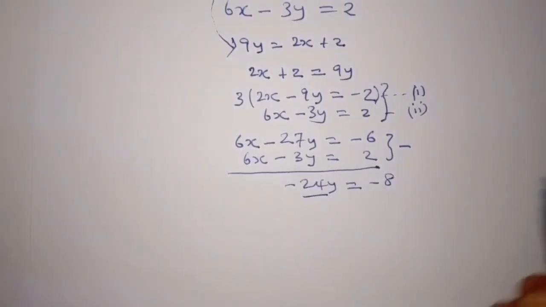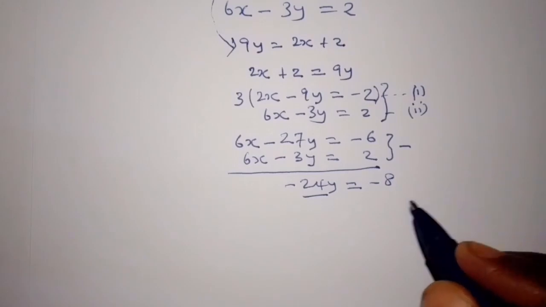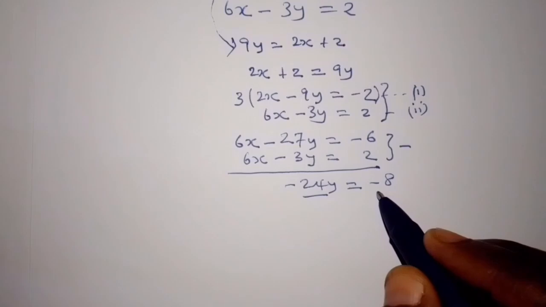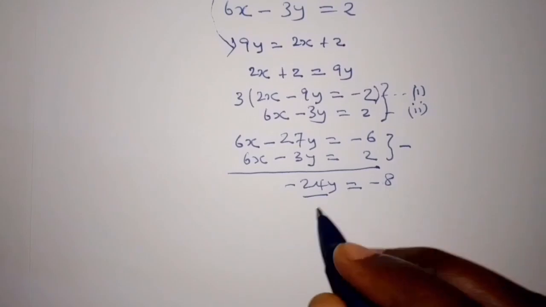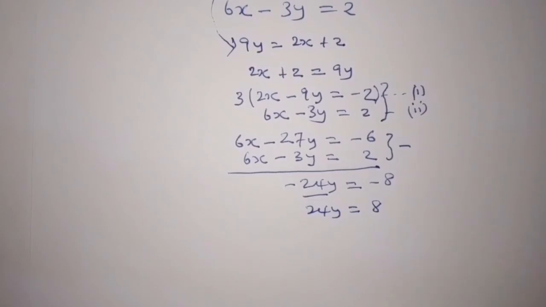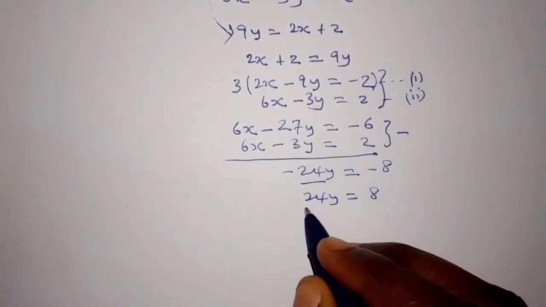We divide by negative, negative is going to cancel negative. So we have 24y is equal to 8. We divide by 24.